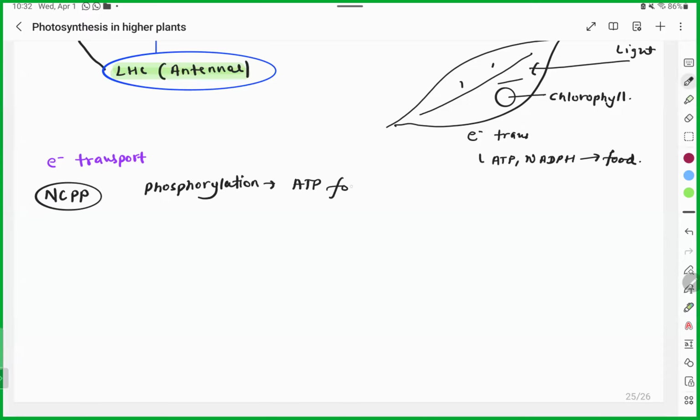ATP formation, and photophosphorylation means ATP formation in the presence of light. In the presence of light, if ATP is produced, that is photophosphorylation. Non-cyclic, as the name suggests, means it is not a cyclic process.